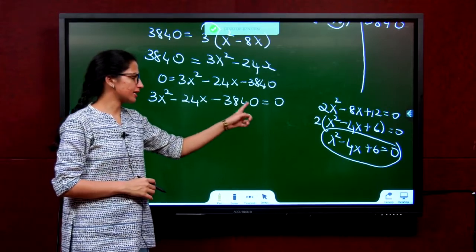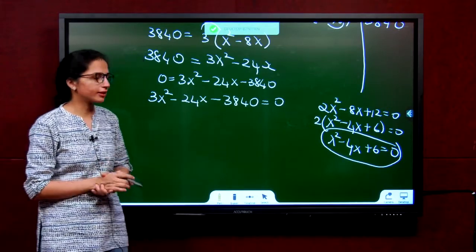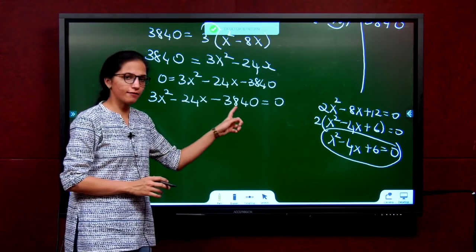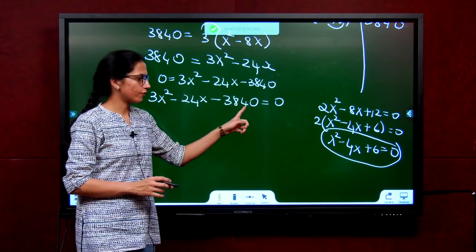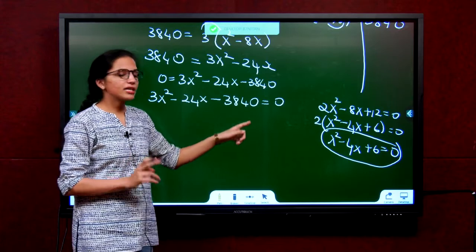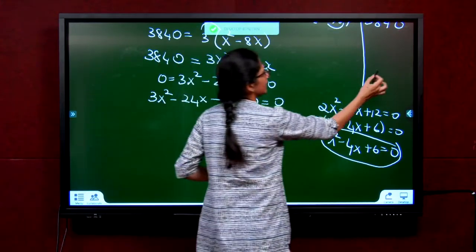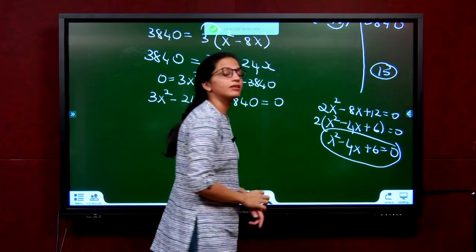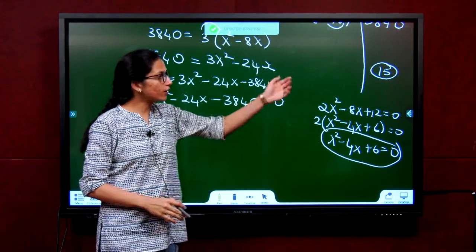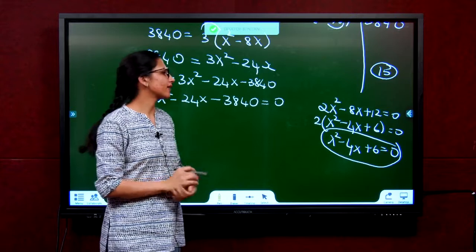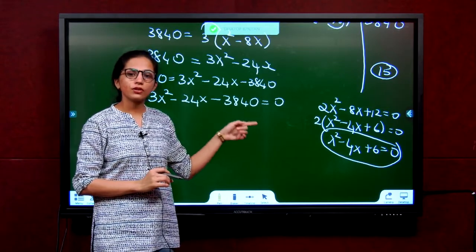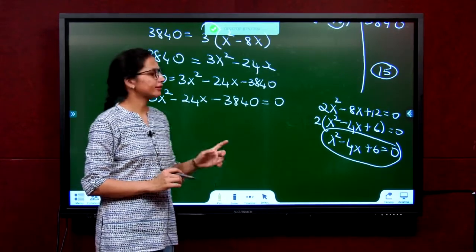Add all the digits and see if it is divisible by 3. 3 plus 8, 11. 11 plus 4, 15. 15 plus 0, 15. Is 15 divisible by 3? Can you divide 15 with 3? Yes, you can, which means 3840 can be divided by 3.